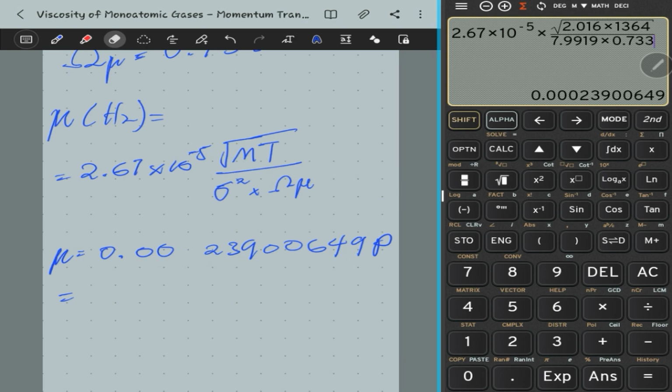Let's see, what if we are asked to make it in centipoise, right? We know centipoise, the centi there is 10 to the power minus 2, right?